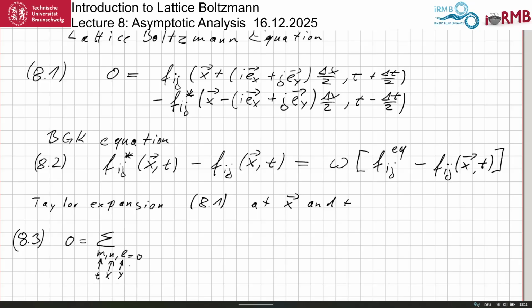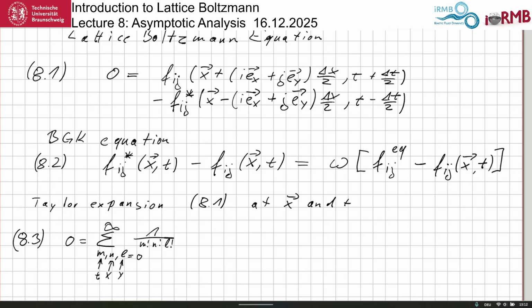All of them, of course, start with 0 and go to infinity. Then we have the usual Taylor expansion prefactor: 1 over m factorial, n factorial, L factorial.